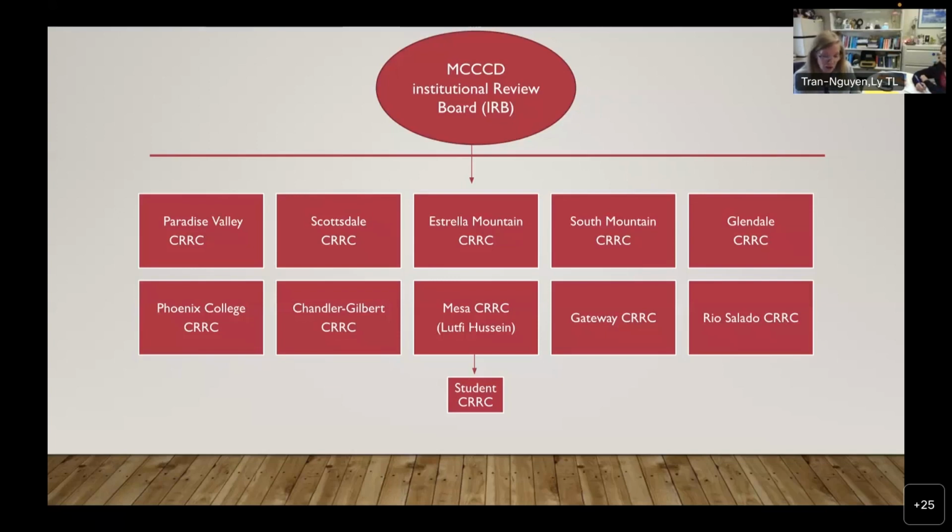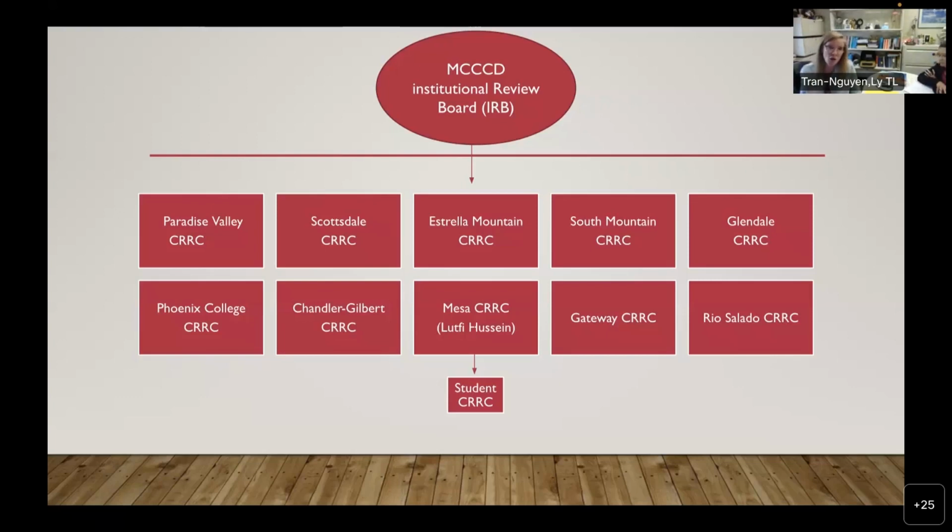They submit applications through an electronic system called eProtocol, but the student process is a little bit different. And you can also see that at MCC, at Mesa, our little box looks a little bit different. It's a little unique. We have that little extra box dangling down there. That's what I chair, the student CRRC at Mesa. And we have a separate review process for student projects here that works a little differently at MCC for a couple of reasons.